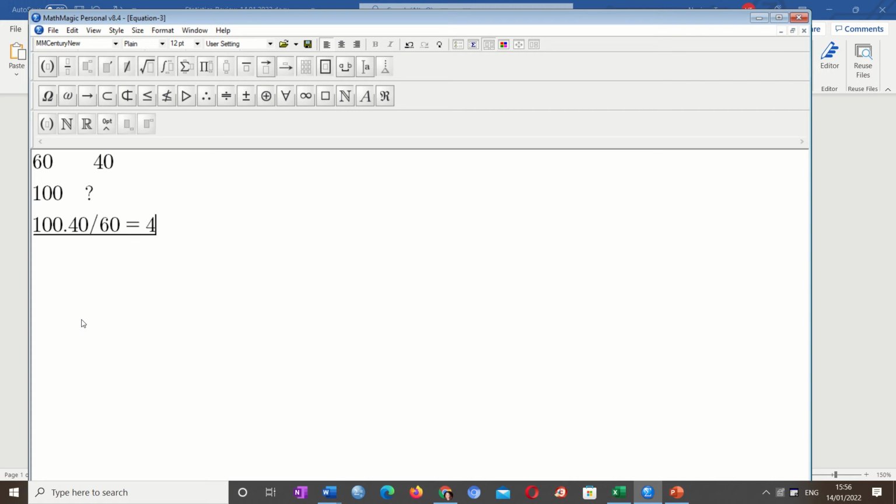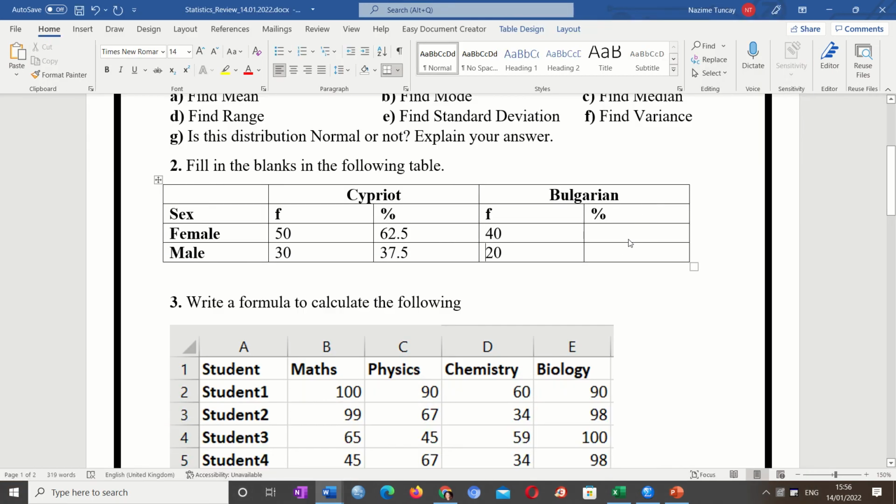And that's 400 divided by 6 here. Okay, and that's 200 divided by 3. And you will find 66.666, it continues like that.